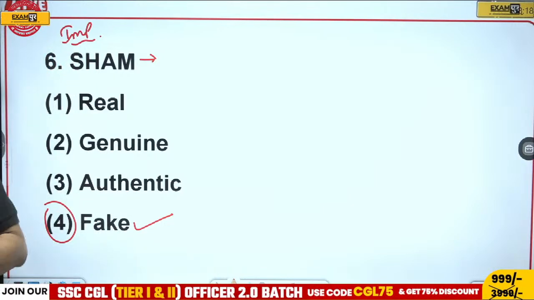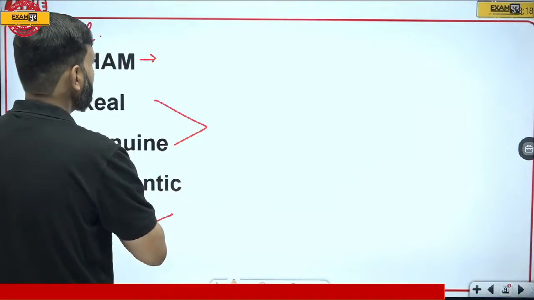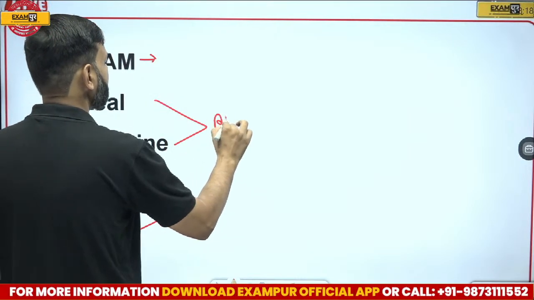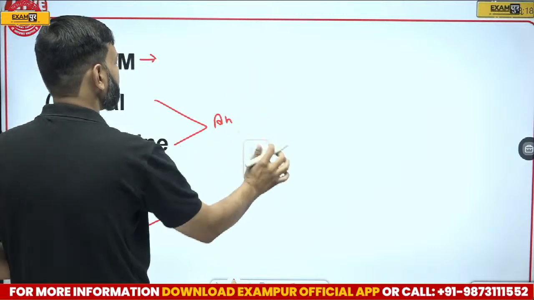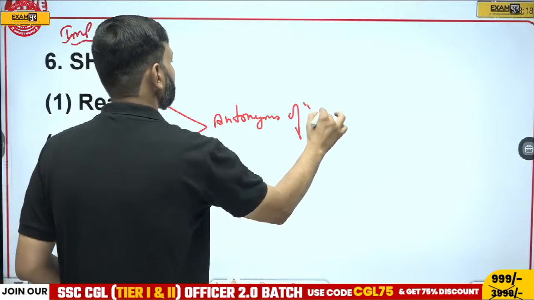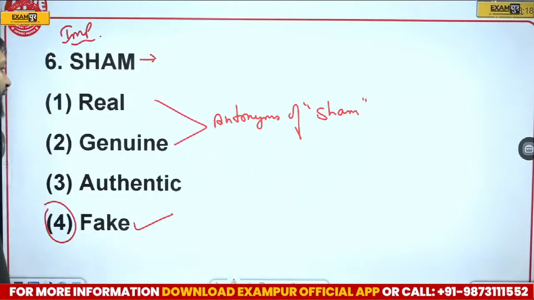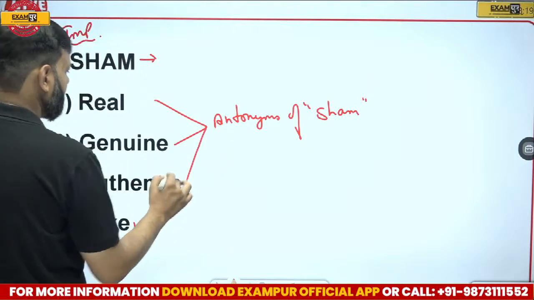When something is not real, like real and genuine, these two words are antonyms. Real and genuine, and also authentic.